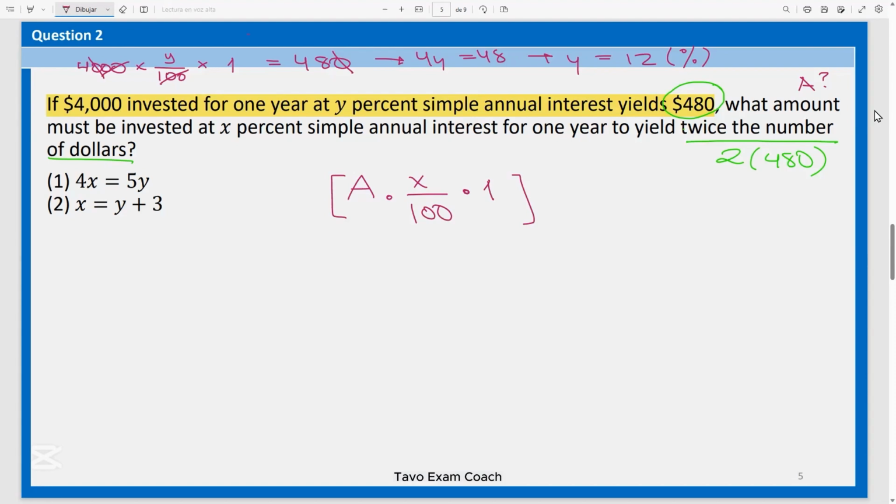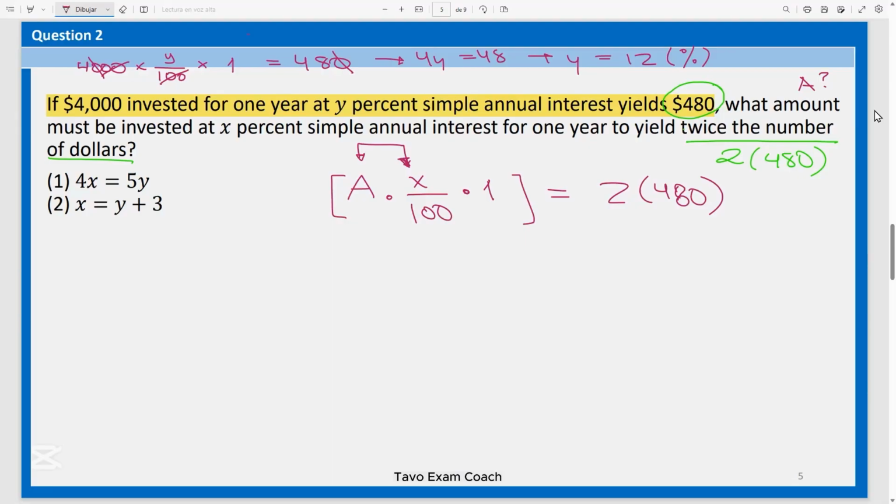And if this interest will be twice the number of dollars mentioned above, it would be this. We have an equality with letters X and A, meaning that one depends on the other and vice versa.